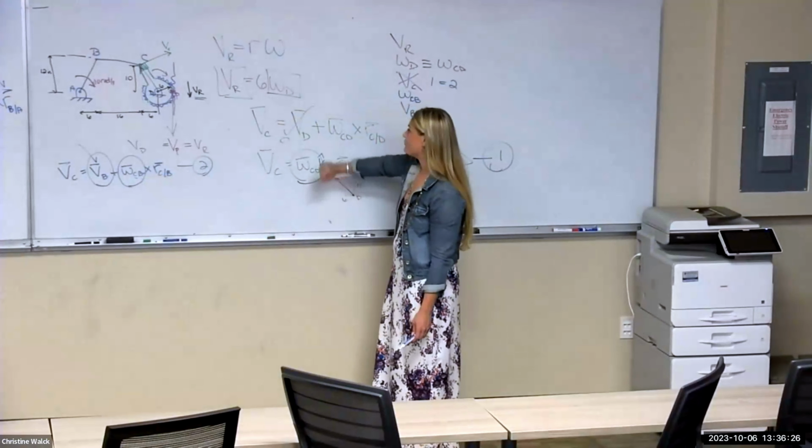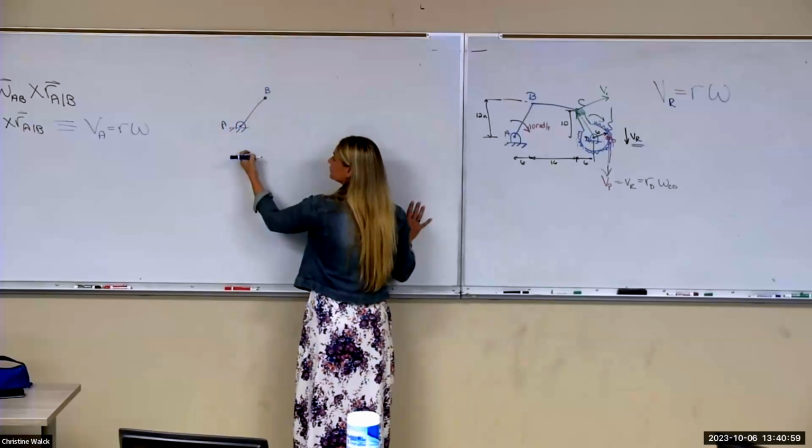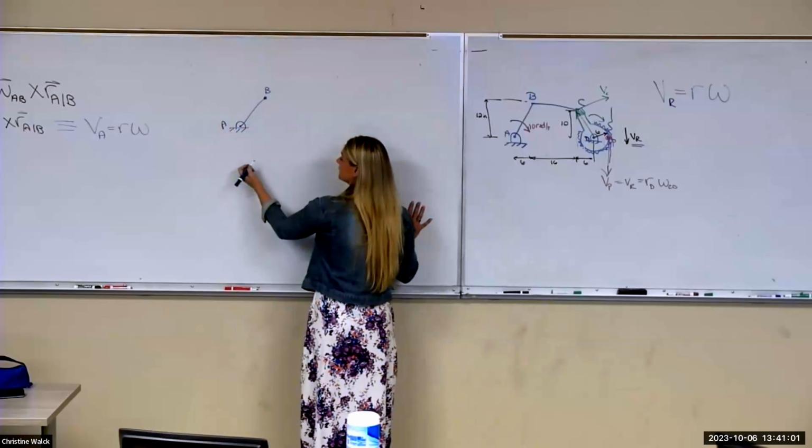So I'm going to start from A. I'm going to take my first rigid body, and don't be afraid to actually take the rigid body out of the mechanism, if that helps. So you can isolate A, B. So I have rigid body A, B. I have A as an external hinge, B is an internal hinge.